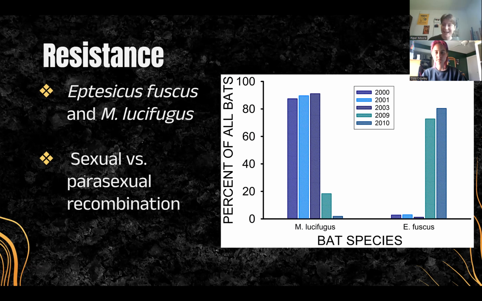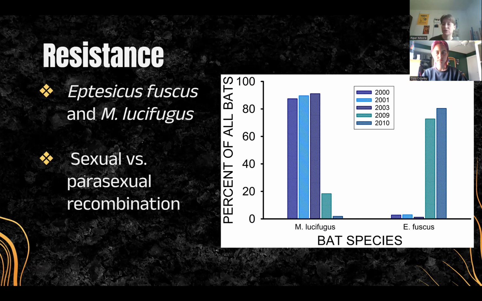Because of that, recombination is going to occur a lot more frequently during sexual recombination, and thus creates more genetic drift between the populations, which then can increase virulence.